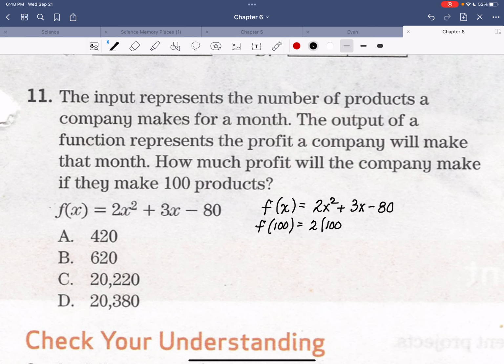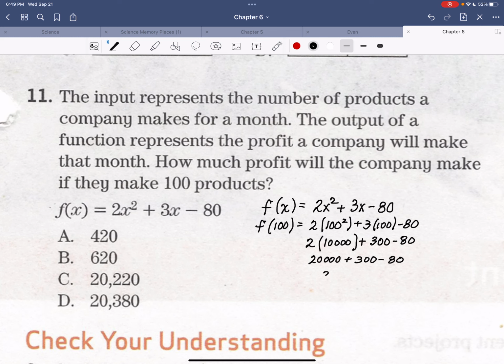So 2 times 100 squared plus 3 times 100 minus 80. Well, 100 squared is a 1 and 4 zeros, so 10,000, plus 3 times 100 is 300, minus 80. 2 times 10,000 is 20,000, plus 300 minus 80.